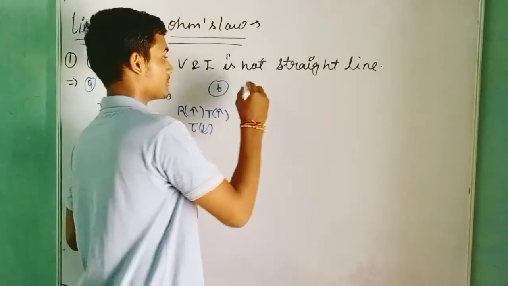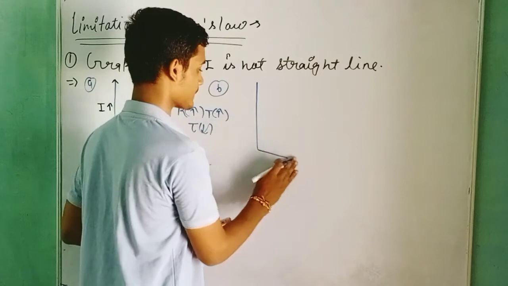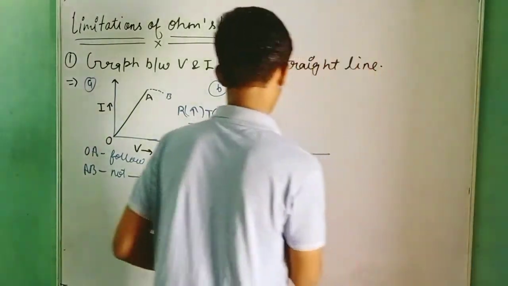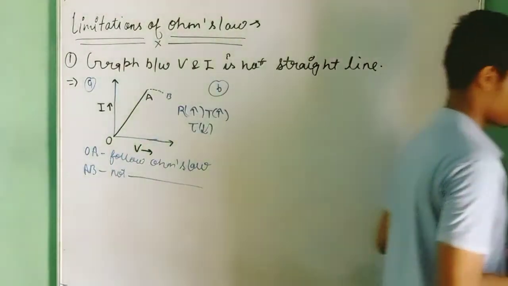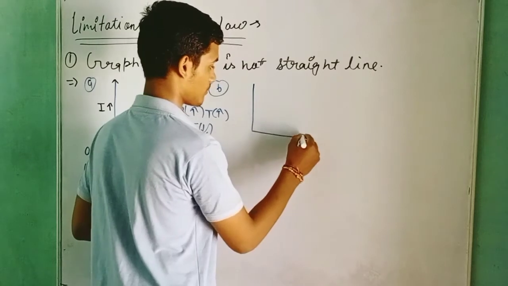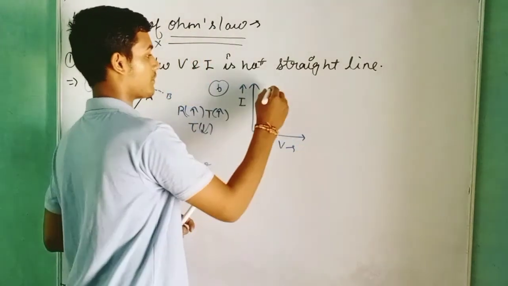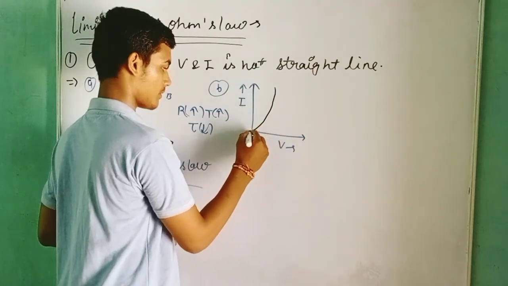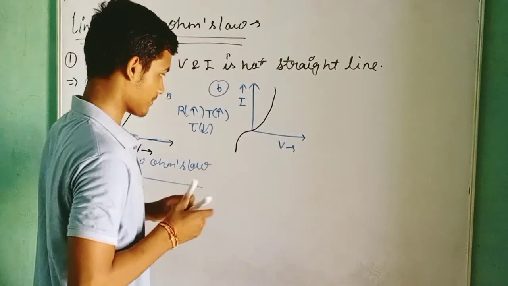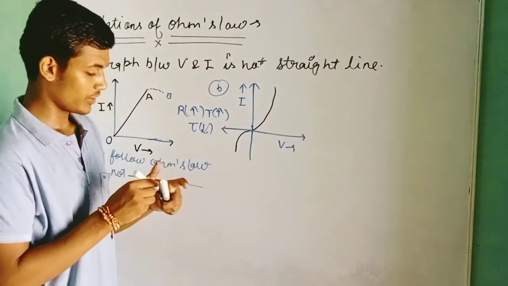So what is the graph between V and I in a diode?